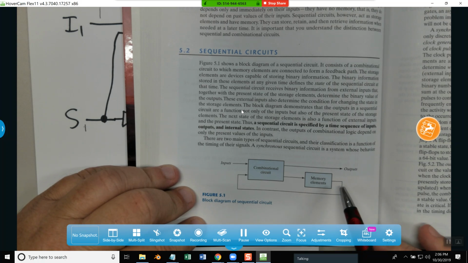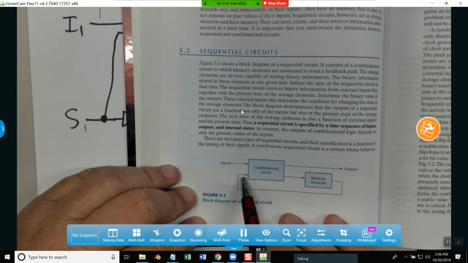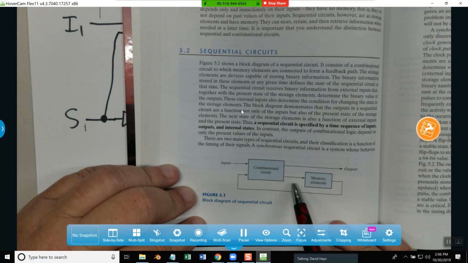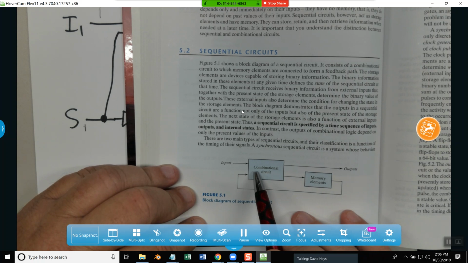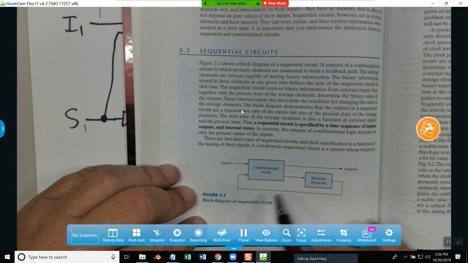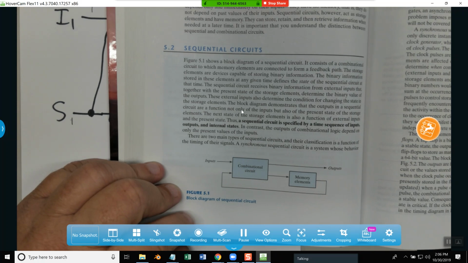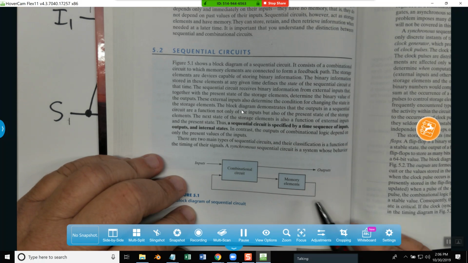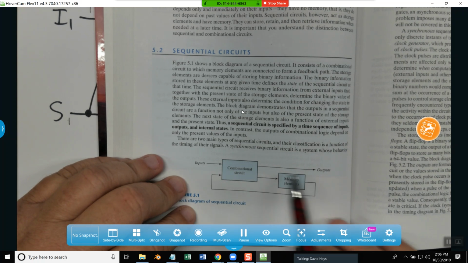Okay, so then you've got the output coming here. It's going through some kind of memory element, and then being redirected into the combinational circuit. So you can have that loop there. Then your output's there. So our inputs here, our outputs, and then we've got our internal states that's going on.